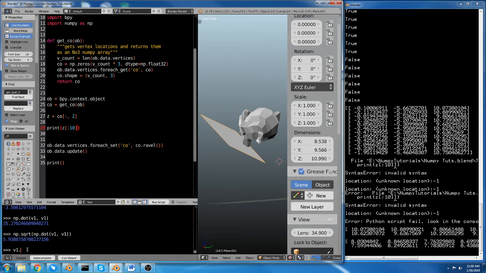So if you do v1 dot v1, it's the same thing as doing np dot v1 v1. Or you could do v1 dot v2, some other vector, and it's the same thing as doing np dot v1 v2.